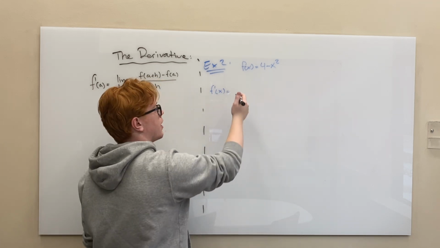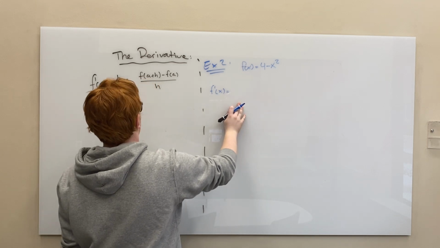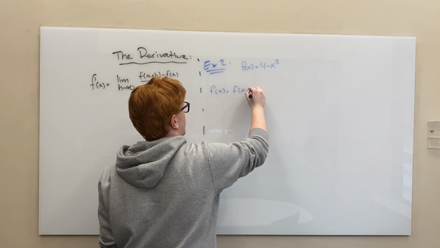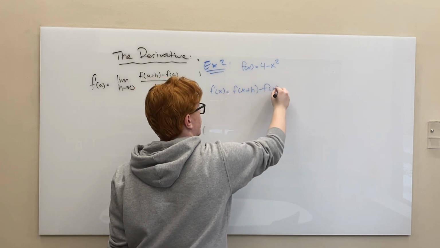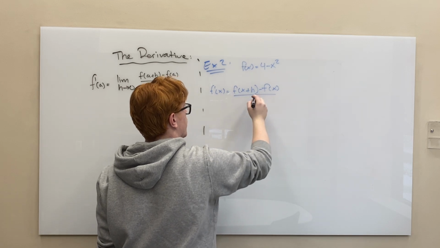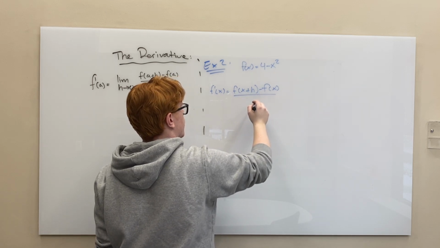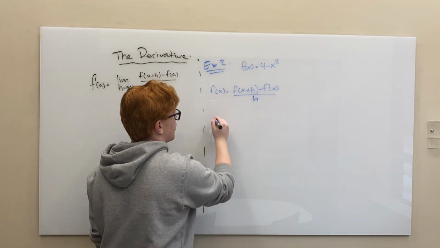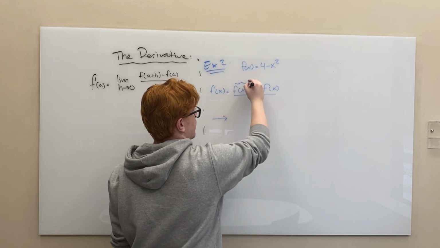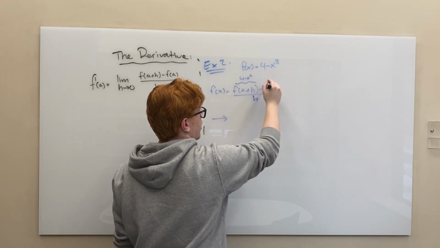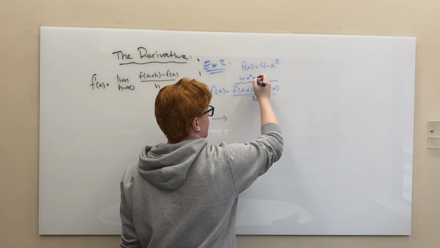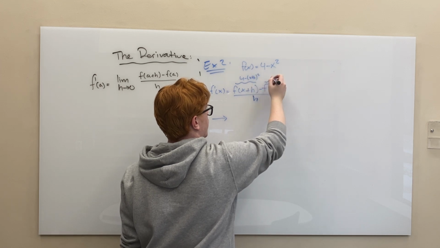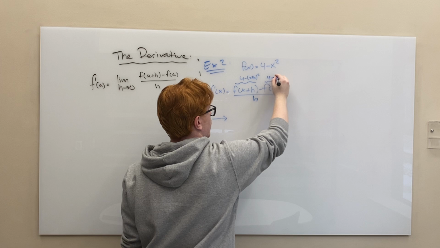The derivative as a function, we would say. So we're going to take f of x plus h minus f of x over h. On the next line, this is 4 minus x plus h squared, and this is 4 minus x squared.